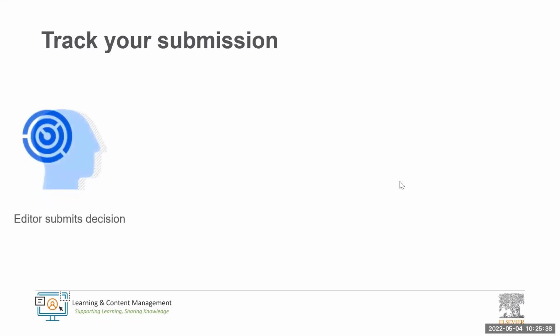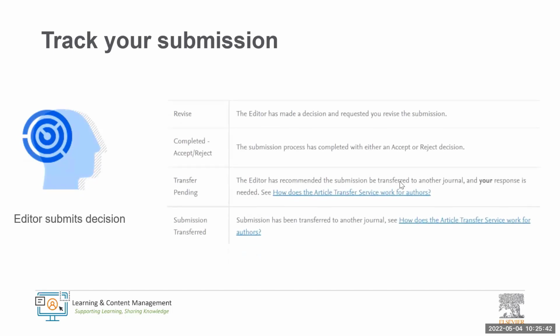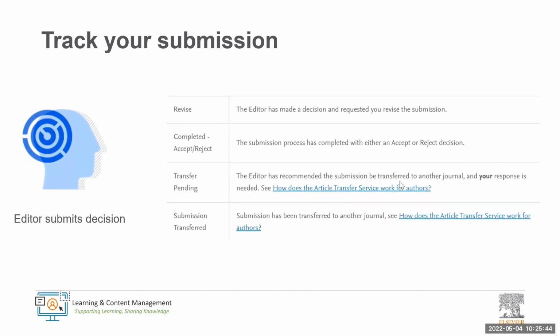You will find the details of the changes required and the deadline for your revision in the decision letter. Decision. In case of an accept decision, the manuscript will begin its production process and you will receive further information.